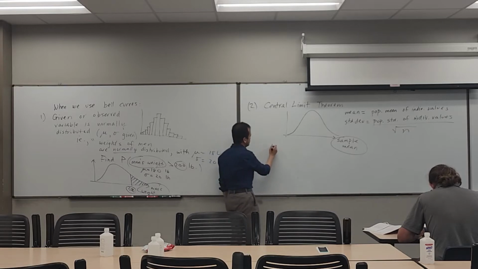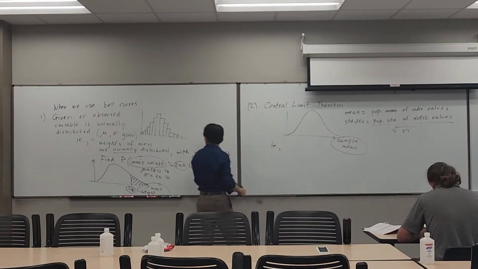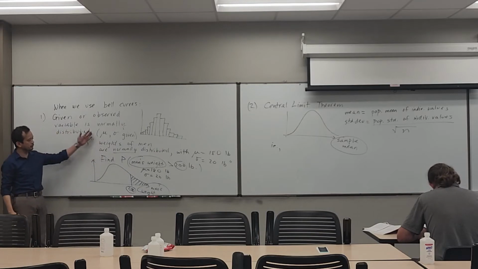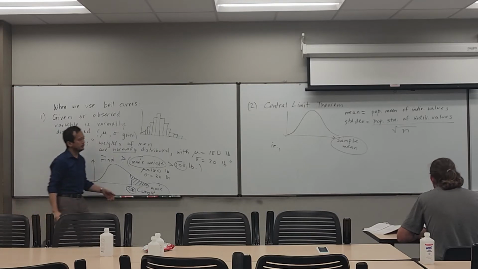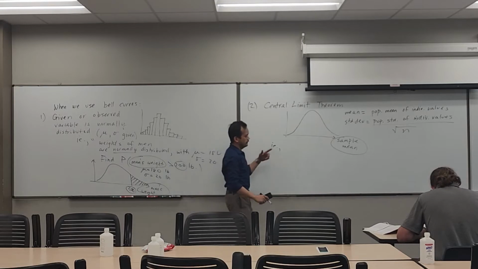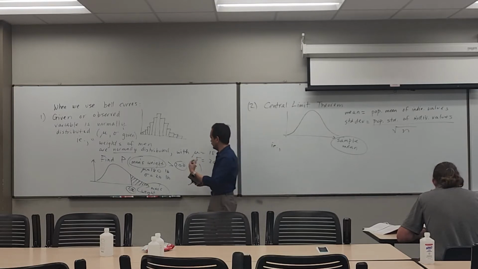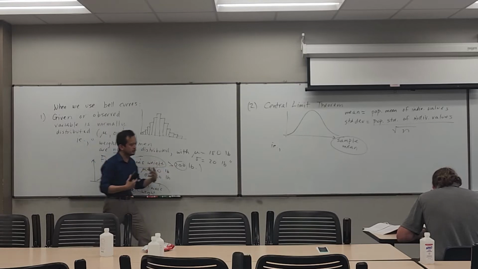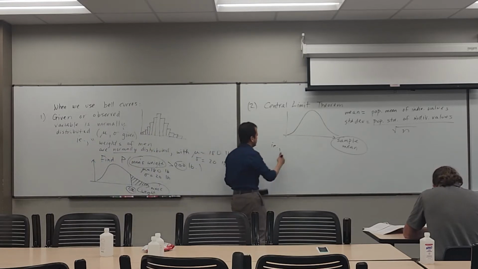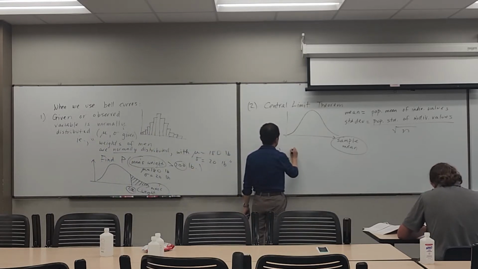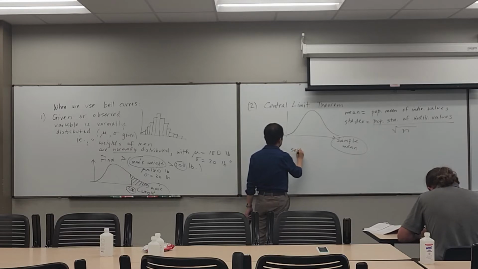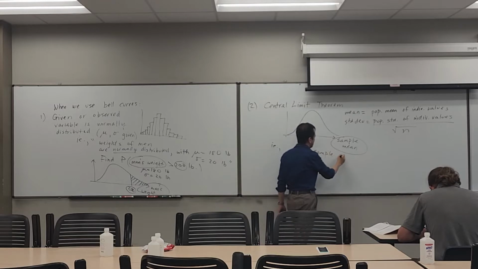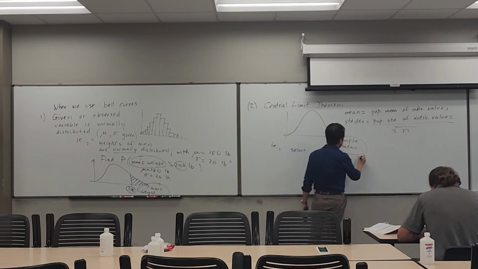So in context, let's say the original situation was that it's given that weights of men are normally distributed. But let's say that instead of selecting one individual man and saying whether his weight is more than 200 pounds, let's say we select a sample of, let's say, 100 men.